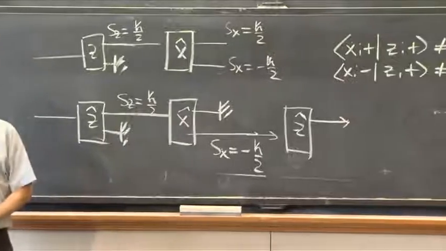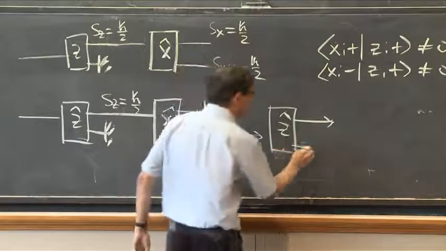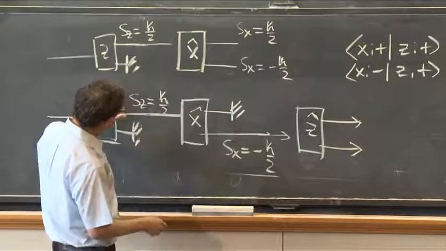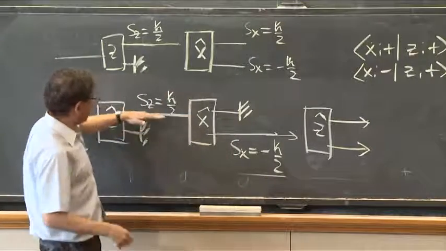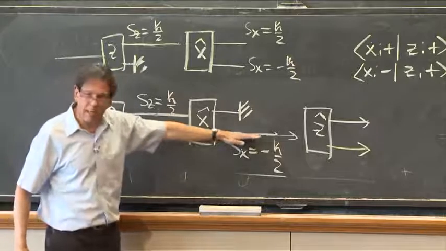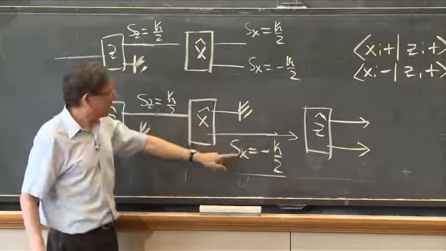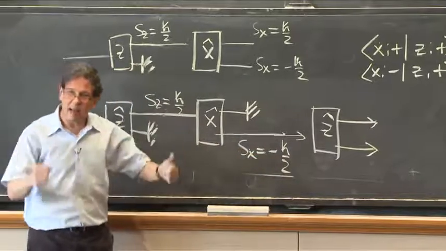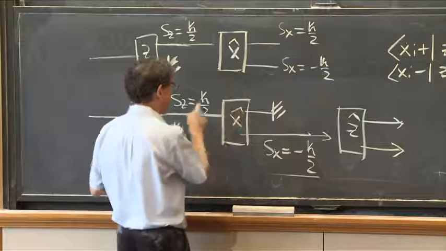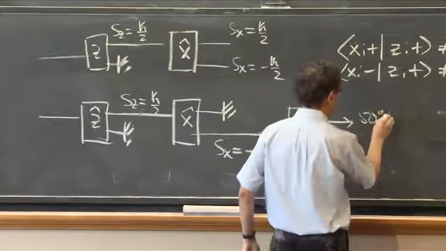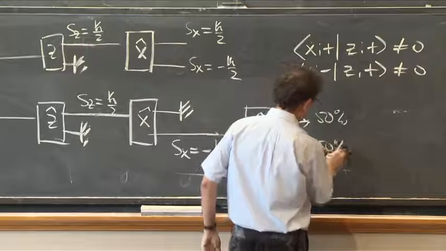But no, that's not what happens. You get it in both. So somehow the memory of these states coming from Sz equal ħ/2 has been destroyed by the time it turned into a state with Sx equal minus ħ/2. And the state cannot have simultaneously this and that as two properties, because you get 50% here and 50% there.